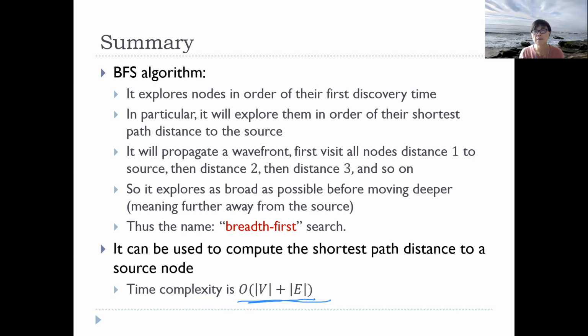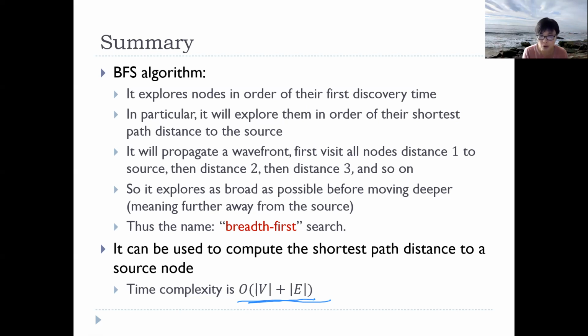Because of this wavefront propagation, you can imagine that at every node, you go as wide as possible to see whoever you can reach with just one step. Then at the next layer, you go as wide as possible to see all the nodes you can reach within 2 steps. That's why it has the name breadth first, because you go as wide as possible to see who you can reach at this moment with one more step.